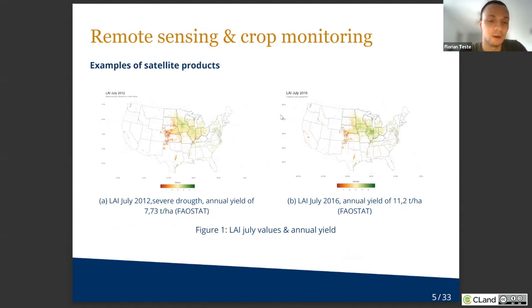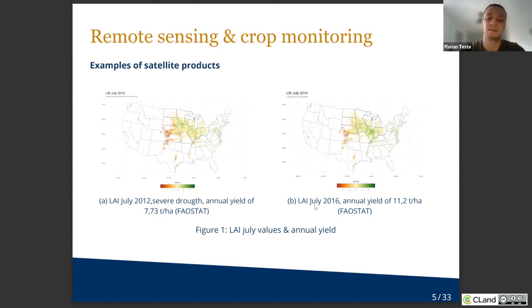On the left, you will see a map of the leaf area index of July 2012. The summer of 2012 was very bad. The weather was very bad, and the yield was very low that year. And on the contrary, on the right, you will see a leaf area index of July 2016.